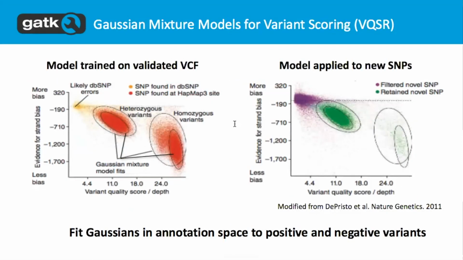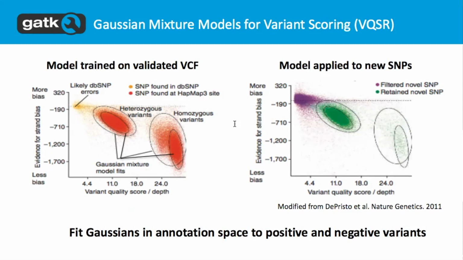So here's VQSR in a nutshell. The basic idea here is that we have a bunch of variants that we believe, and we fit the variants that we believe with a few Gaussians. So we fit a mixture of Gaussians to it, say 5 Gaussians.